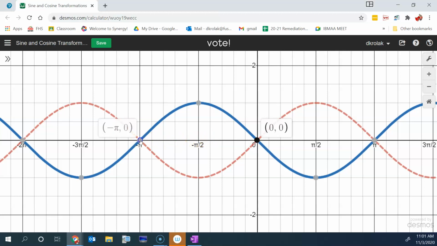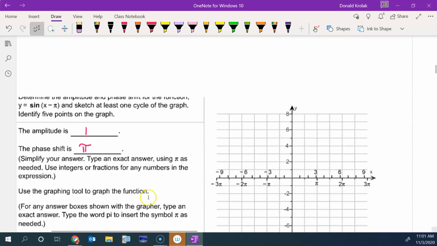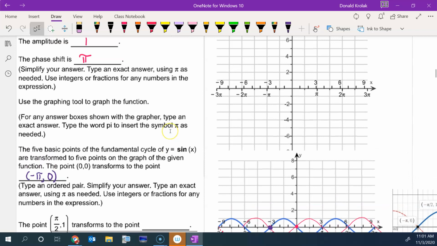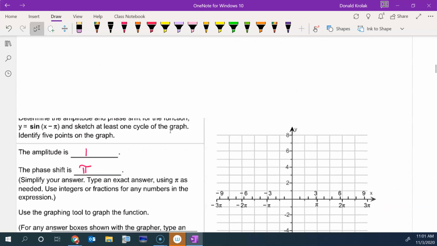So it ended up right here. There's my second point. So if I was answering this on Math Excel, I know that 0, 0 would go to negative pi, 0. Okay, does anybody need help with that part on theirs?